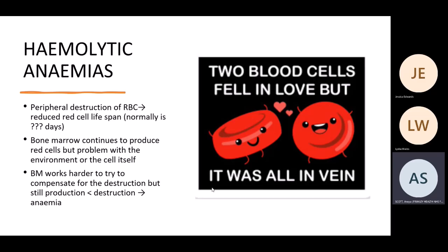So hemolytic anemias occur when you get peripheral destruction of red blood cells, which means that the red blood cell lifespan is massively reduced. So does anyone know what the normal red blood cell lifespan is, or just have a guess? You can type in the chat or unmute. Happy either way. Even if you don't know, have a random guess. Give you 10 more seconds.